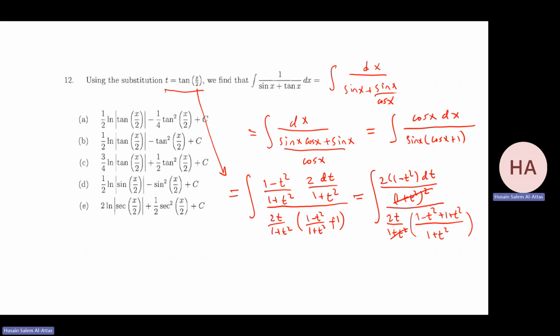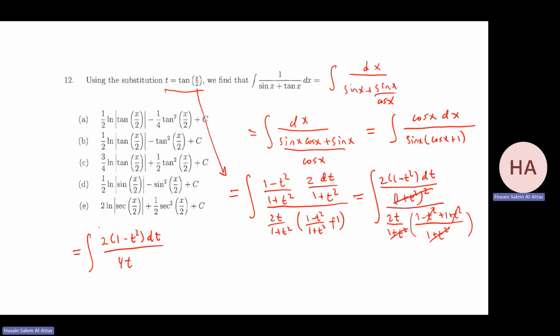So this is cancelled, and this is also cancelled. So what I have is the integral of 1 minus t squared dt over... what I have here, 1 plus 1 is 2.